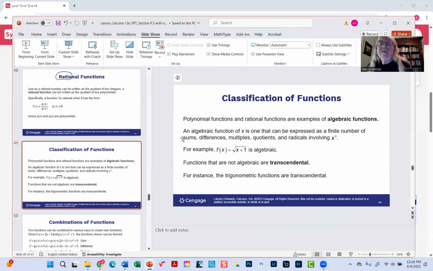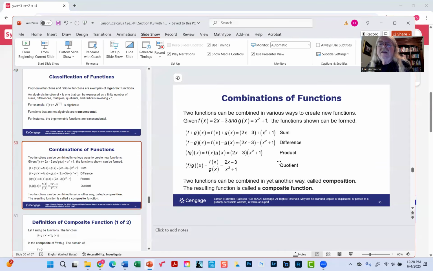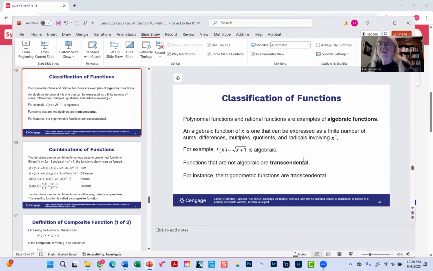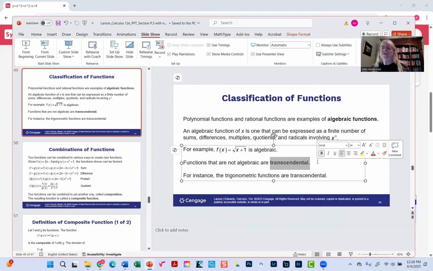They can have any operation we choose: sums, differences, multiples, quotients, radicals. Anything that doesn't fall into that category can be defined as transcendental. I don't know how important that really is, but a function like y equals e to the x is considered to be transcendental because the number of digits in e goes on forever without repeating.